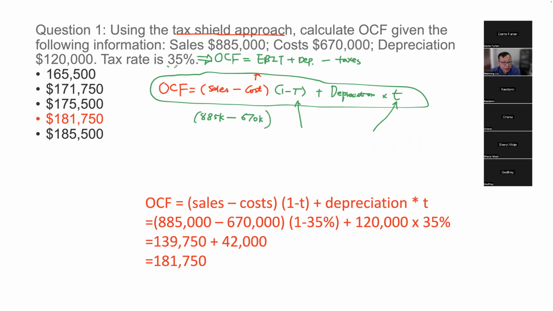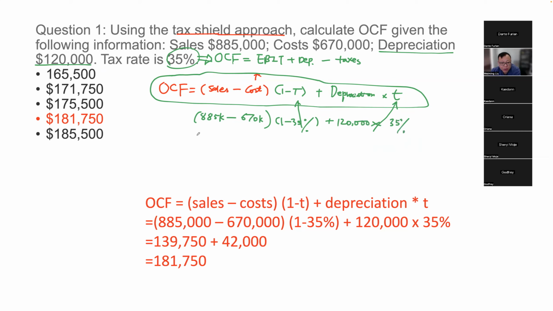And tax rate, that's 35%, so 1 minus 35%, and plus depreciation. The information given here says depreciation is 120,000, times T, the tax rate, 35%.